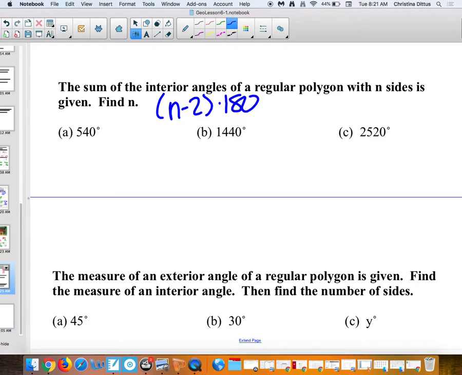This tells me the sum of my interior angles. So it says that I know there's 540 degrees, so this formula has to equal this 540. So n minus 2 times 180 equals 540.